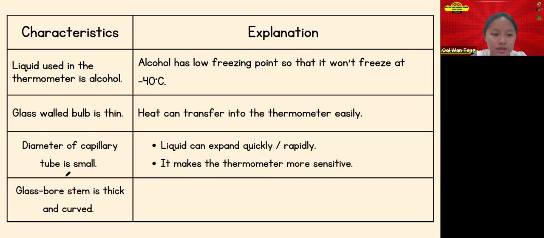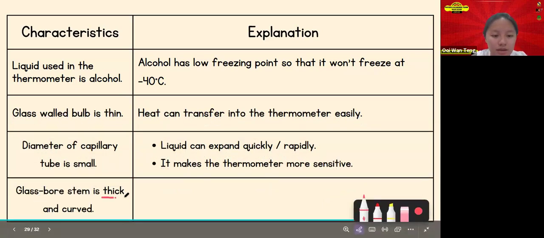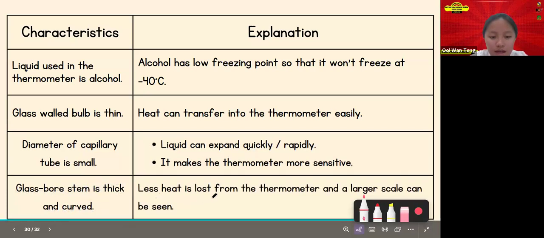And the last characteristic, glass ball stem is thick and curved. And the explanation is less heat is lost from the thermometer to the surroundings, and also a larger scale can be seen. So as I've explained just now, the glass ball stem we should choose a thick one so that less heat is lost from the thermometer to the surroundings.